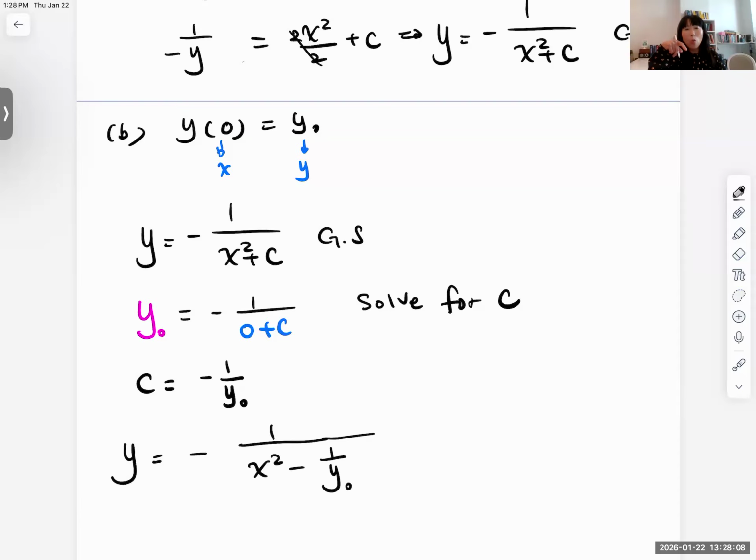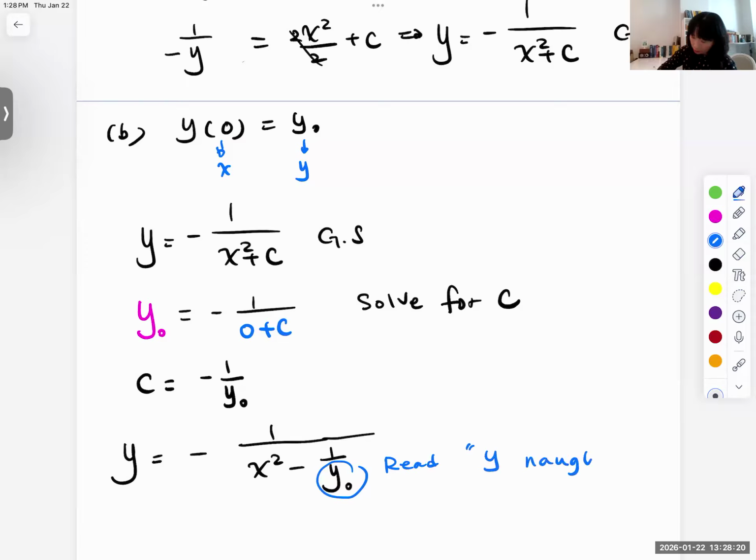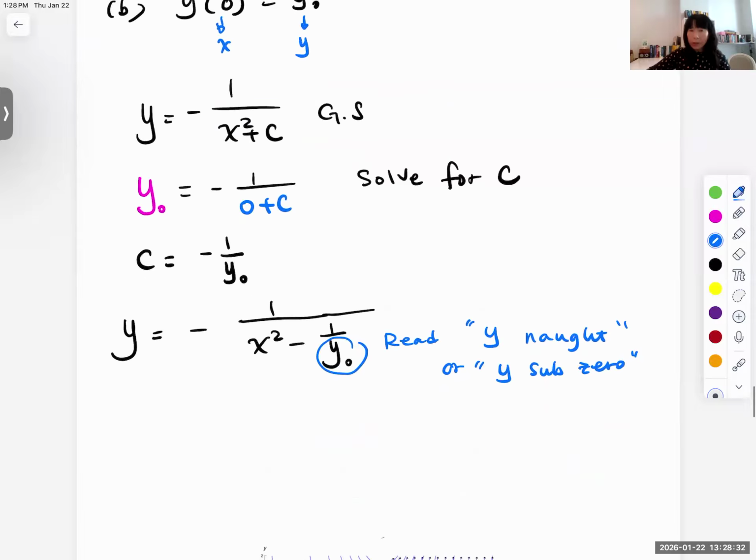Y sub 0, y naught. Read it as y naught, or y sub 0, because of the subscript.